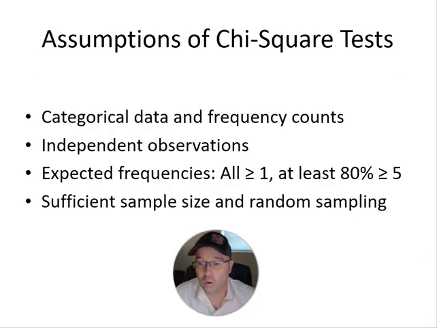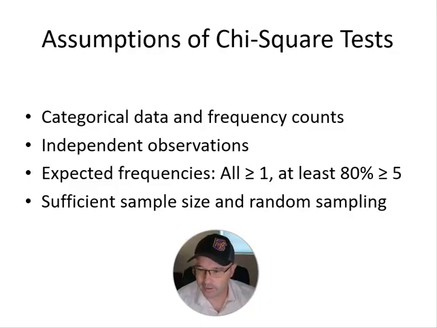So what are the assumptions when it comes to chi-square tests? First of all, we need categorical data, and that data usually needs to be frequency counts. Independent observations, obviously. One of the nice things about the chi-square is it does its own independence test, so that's really nice.